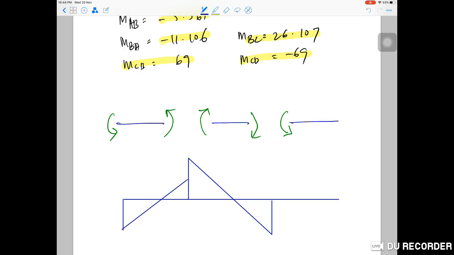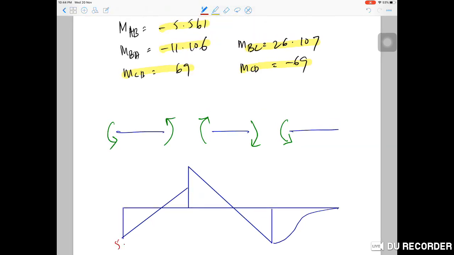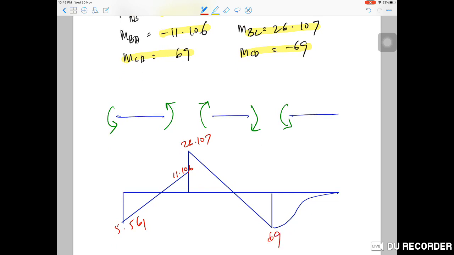Okay, for triangular load, S shape. Okay, so the values here are 5.561, this is 11.106, this is 26.107, and this is 69.